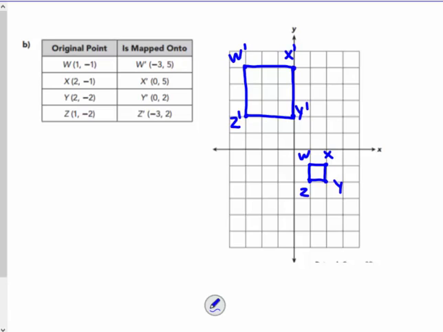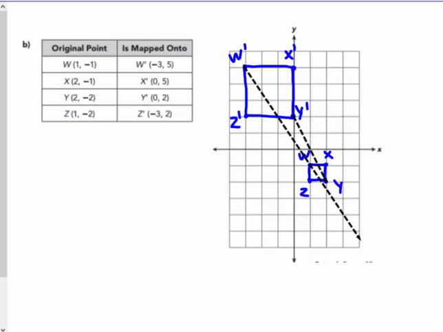So my center, let's connect a couple of these points here. And I'm going to use a dotted line here. Let's connect Y to Y and maybe W to W, W prime to W. I'm going to have to continue this because they're not intersecting so far.